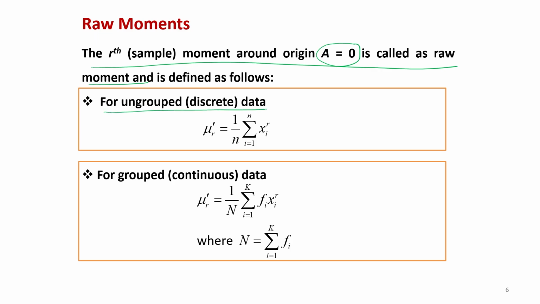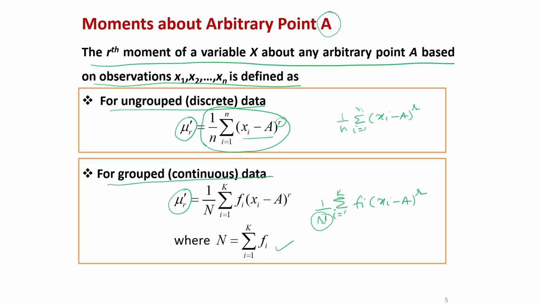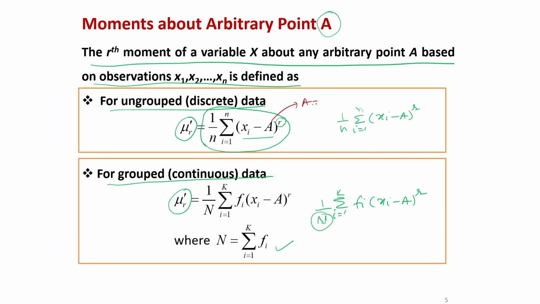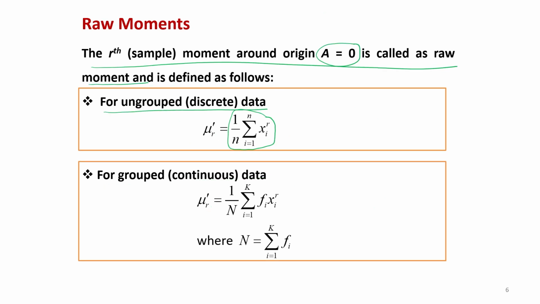For ungrouped data, that is the discrete data, the rth raw sample moment is defined as 1 upon n, summation i goes from 1 to n, xi raised to the power of r. You can see that in this definition, if you substitute A equal to 0, then you get the rth raw moment. The same thing will happen in the case of grouped data also.